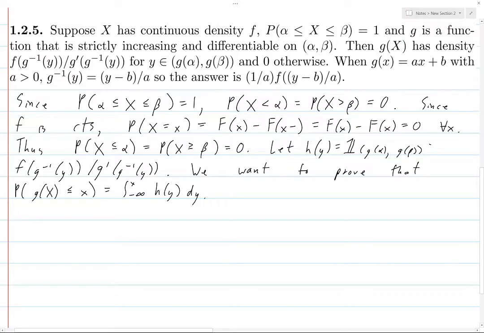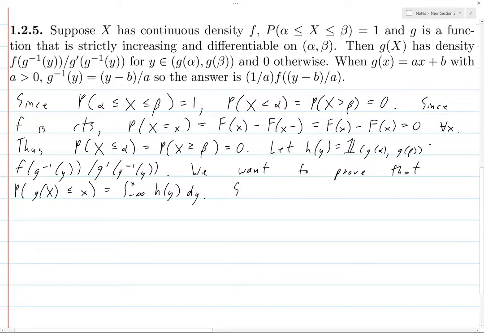And we're already part of the way there, because certainly the probability that g of X is less than or equal to g of alpha is the same as, let's actually write this out.